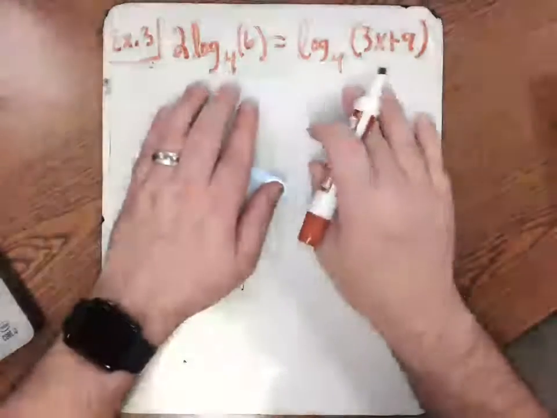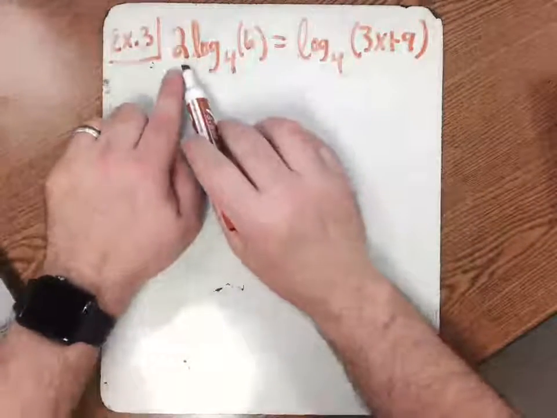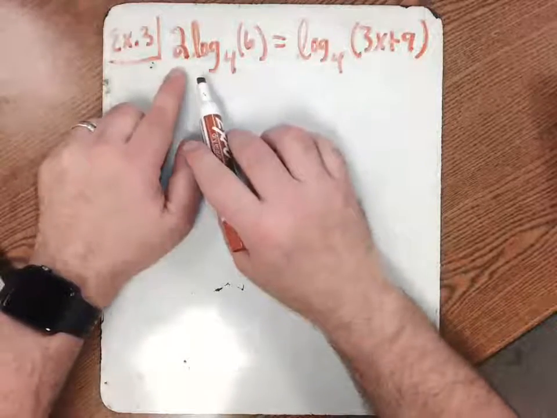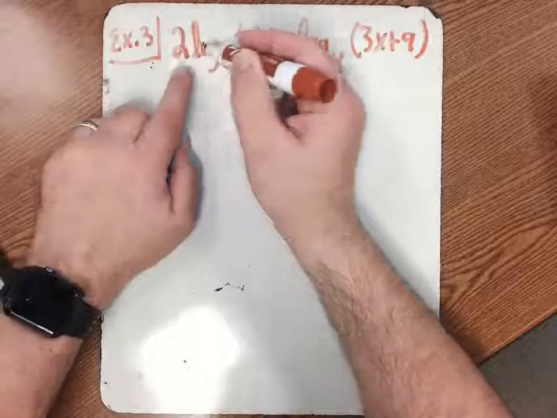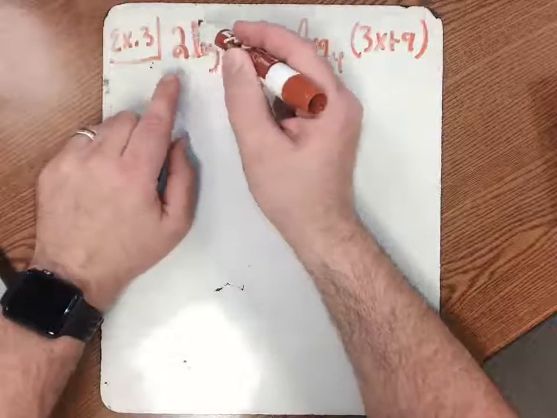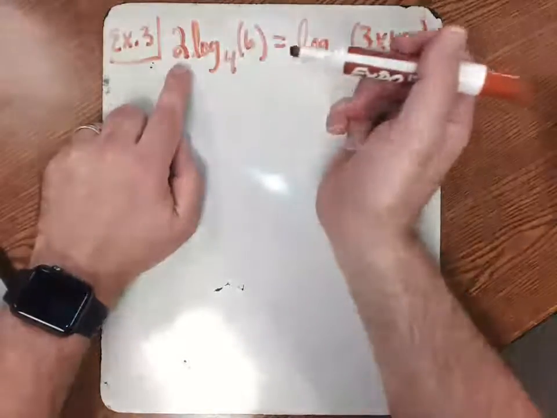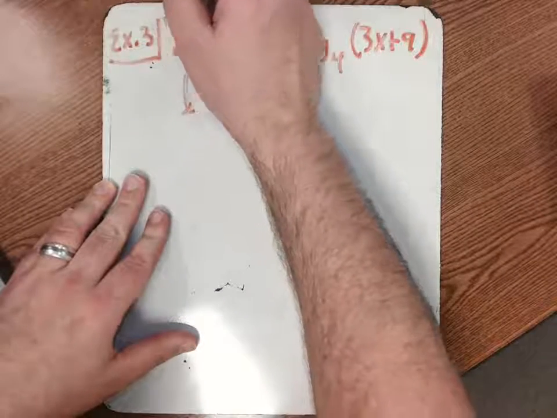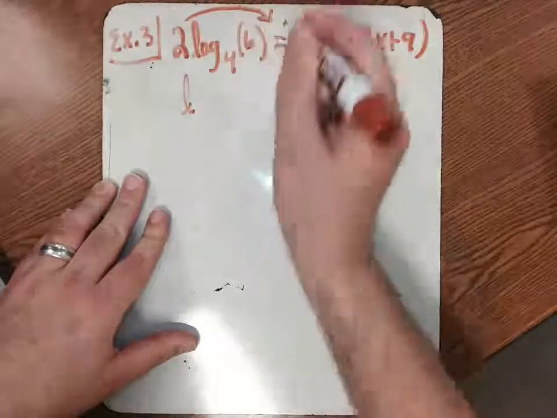And once again, I have a log equal to a log, but I have this little 2 on the outside. Now, I recall there's a property that says if you have a 2 or any kind of coefficient in front of the log, you can rewrite this and move that coefficient and make it an exponent.